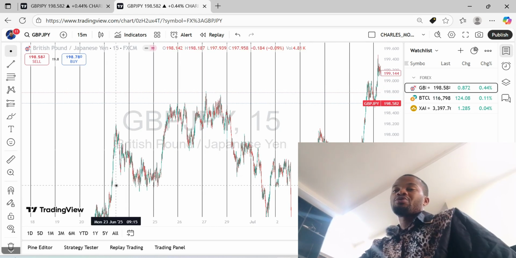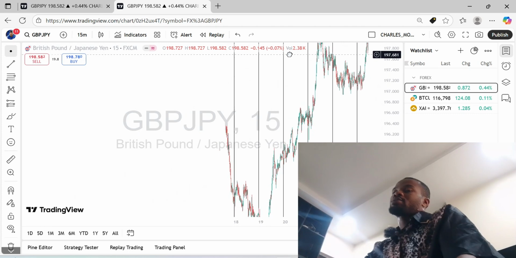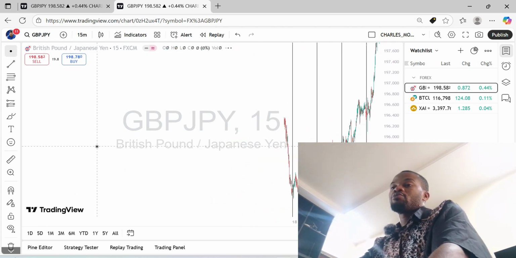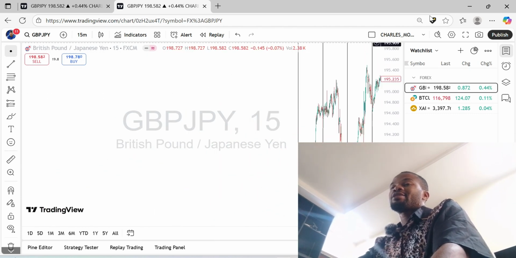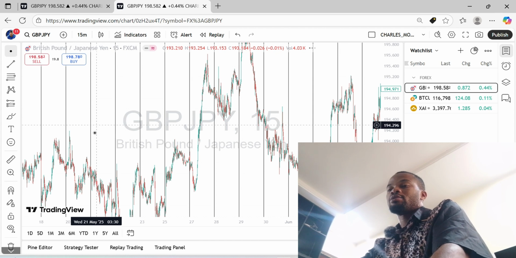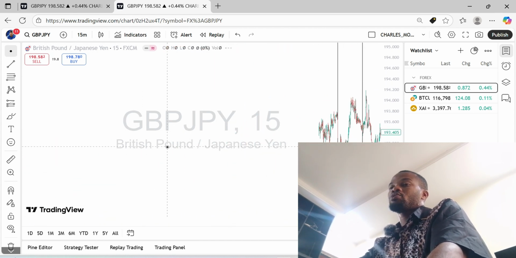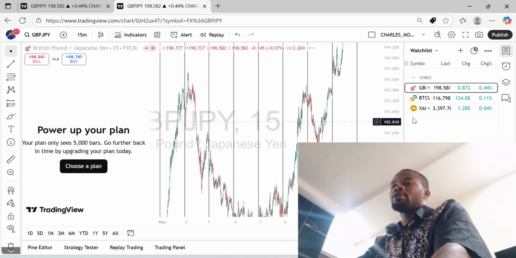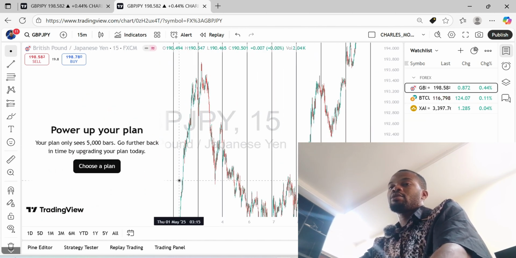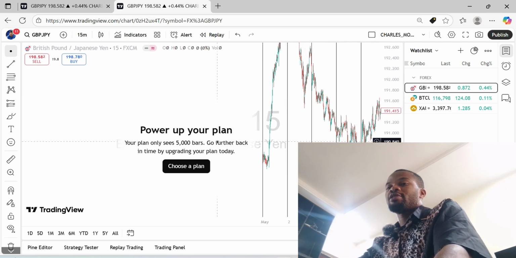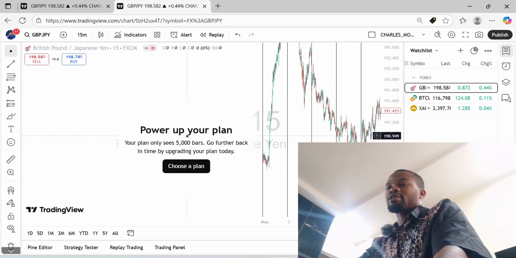In short, I'm going to go to the end of the chart. I think it's going to end probably in June or April. Yeah, so this is the end, I think. Okay, no, this is the end of the chart.